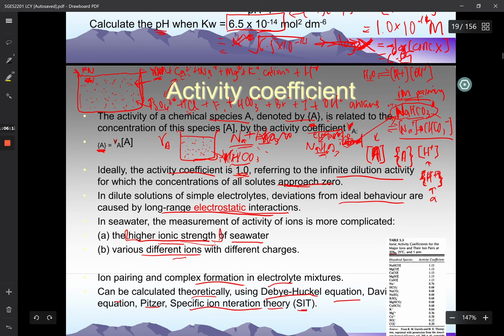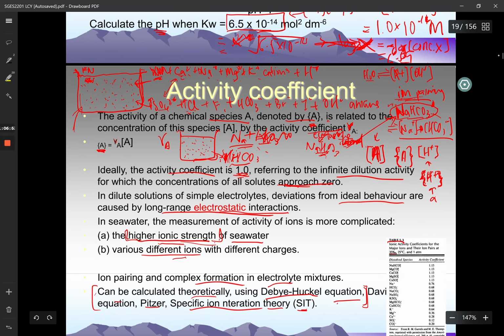These are some of the algorithms that we use to calculate or define the activity of these ions, cations and anions, under different types of solutions. We may use them to model what condition or what species will form.